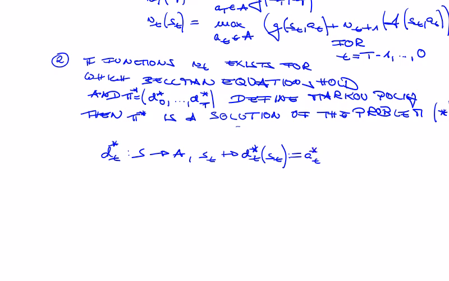Have a look at this. Sometimes you see it written like this, but this is what I'm trying to avoid here, and this is why I take extra care to dissociate decision rules from actions, because decision rules are functions that for each state return an action. An action is still an action, and the decision rule tells you, okay, the state is now that, which action should I take?